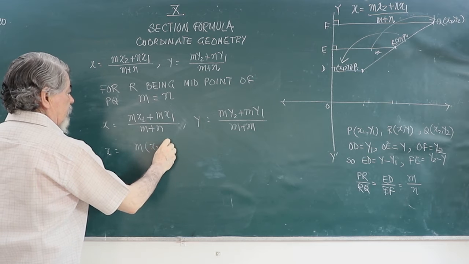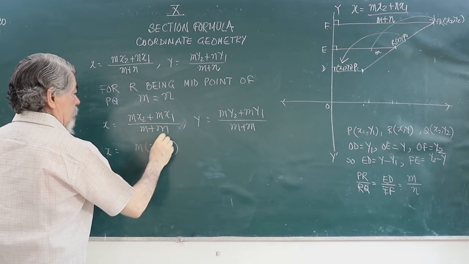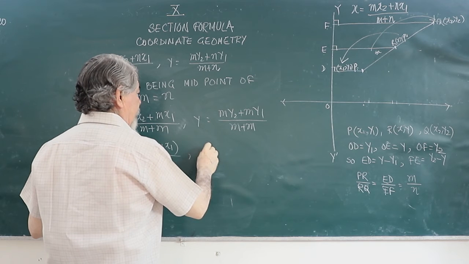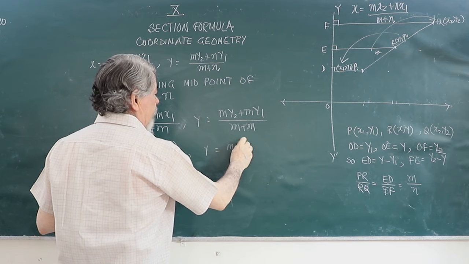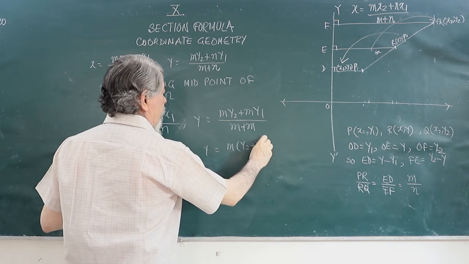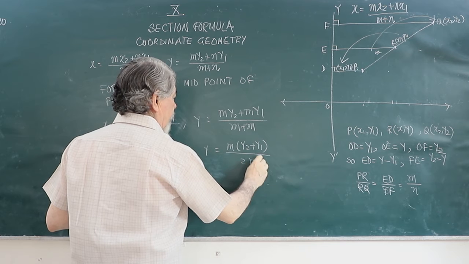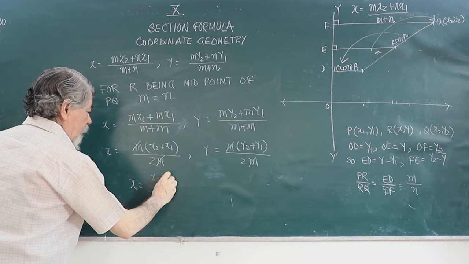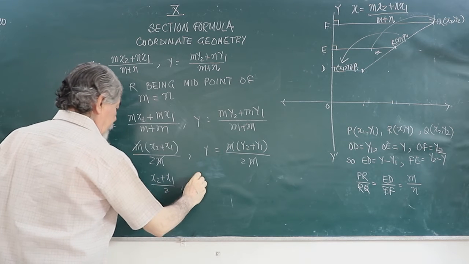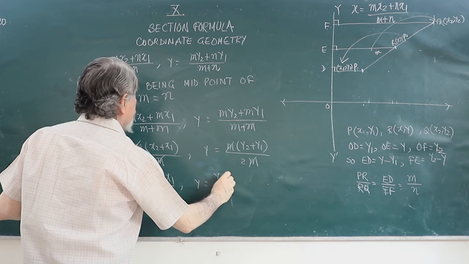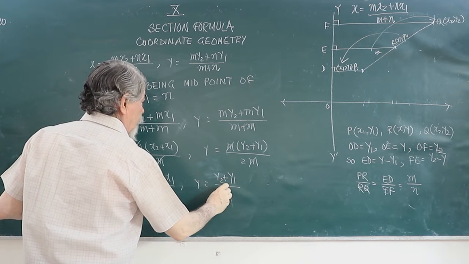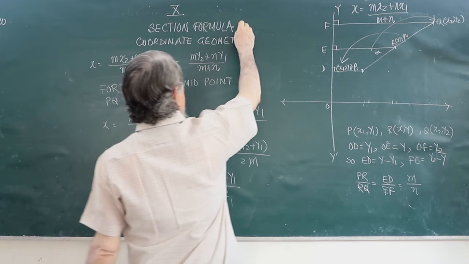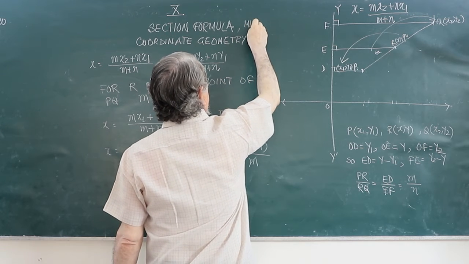I get (x2 plus x1) and I get 2m in the denominator. So m will cancel. Similarly here, m is common, it is m(y2 plus y1) and I get 2m. m and m will cancel. So x will be (x2 plus x1) upon 2, and y is (y2 plus y1) upon 2. This is the midpoint formula.